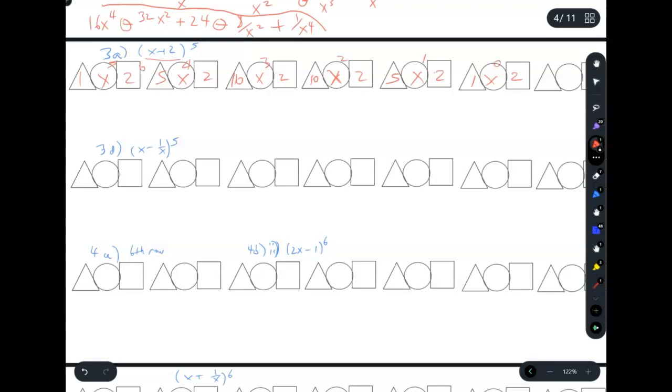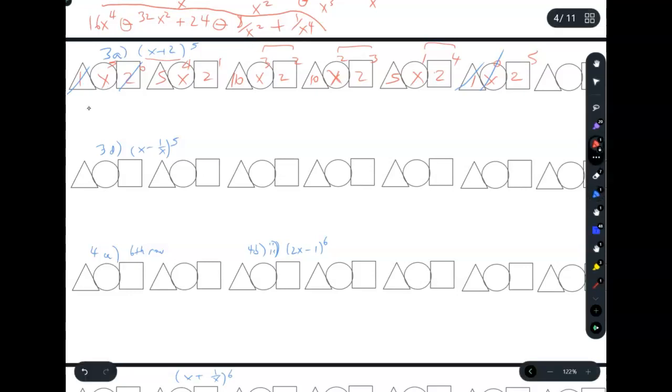And then I'm going to start counting up from 0. One thing you might notice is that all of these exponent pairs, if you add them together, you're going to get 5. Pretty good way of checking if you wrote them correctly. Now I'm going to cross out things that are equal to 1. Okay, I think that's it.